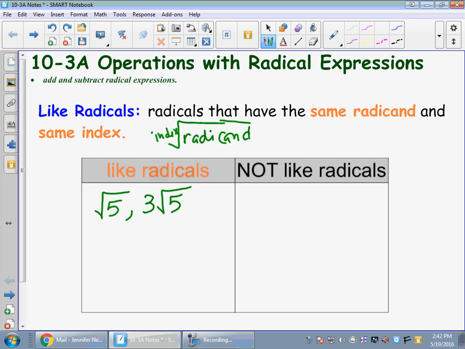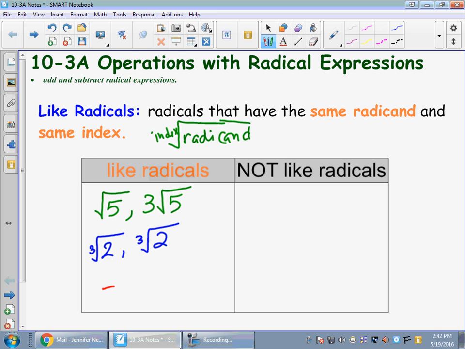It says nothing about the number out in front, just that the number underneath the radical sign is the same, and the little number on the square root symbol, which is 2 here, is the same. Another pair of like radicals would be the cube root of 2 and maybe the cube root of 2. They're the same, like radicals. So the number out in front or the sign out in front doesn't matter.